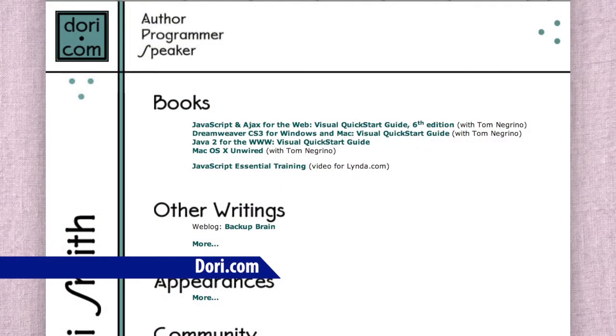Well, Dori, for folks who want to get in touch with you and maybe retain your services for social media, community manager, evangelist, whatever, what's the best place to send them so they can contact you? It's a little out of date, sadly, but probably my website, which is dori.com.